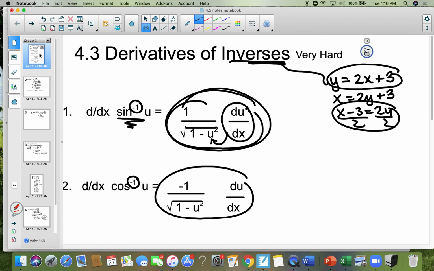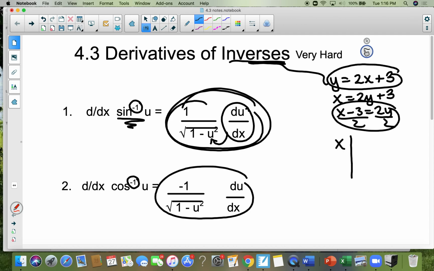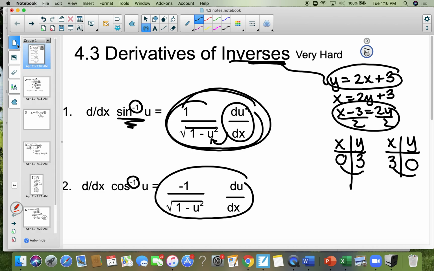Remember how we found the inverses? If x is 0, y is 3. That means on its inverse, you just interchange the x's and the y's. That means on this one, when x is 3, y is 0. Do you see that we interchange the x's and the y's? It's the same concept with this.